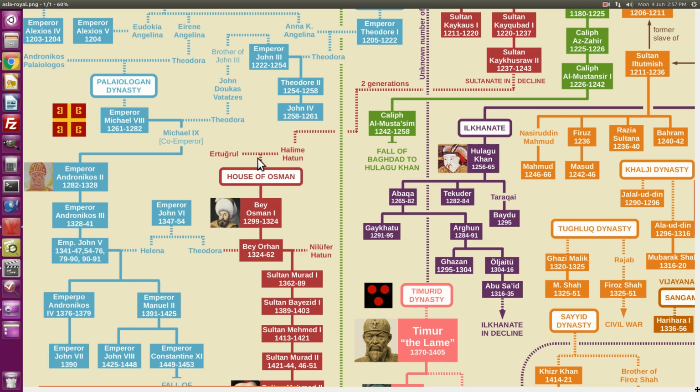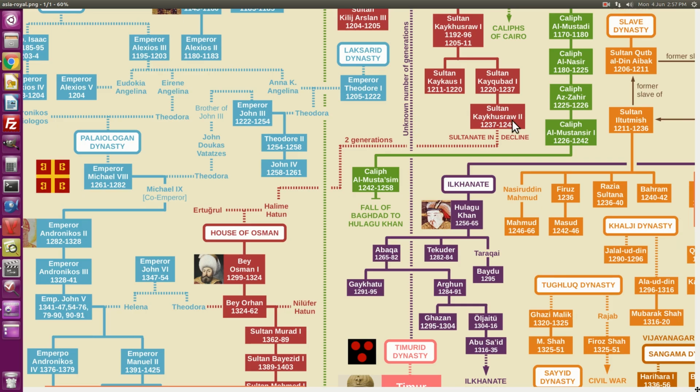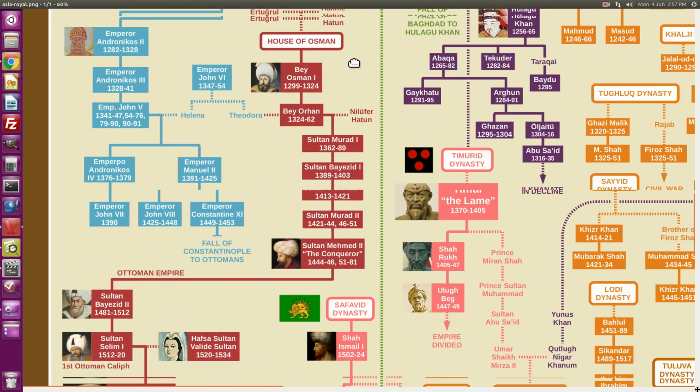Now you also can notice here that Osman's mother was actually a descendant of one of the final powerful sultans of Rum, the Seljuk sultans. So there's kind of a connection between these two Turkic dynasties.